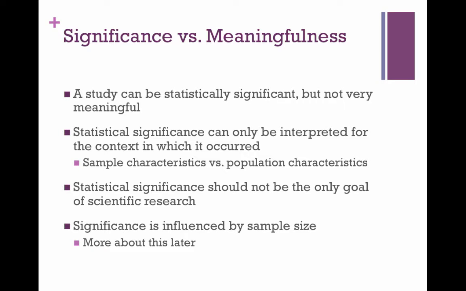And so thinking about all of this, statistical significance, or trying to reach statistical significance, should not be the only goal of scientific research. Many researchers strive to get significance. And on the other side, a lot of publications and a lot of editors and journals choose not to publish insignificant research, or research that did not find a significant difference between groups, or significant relationships.